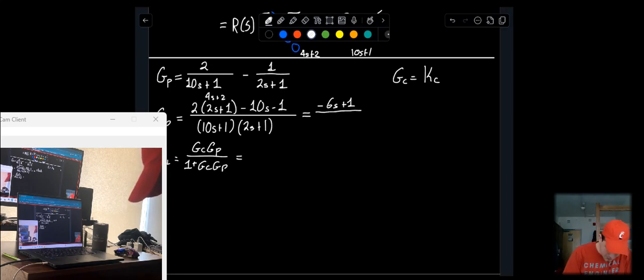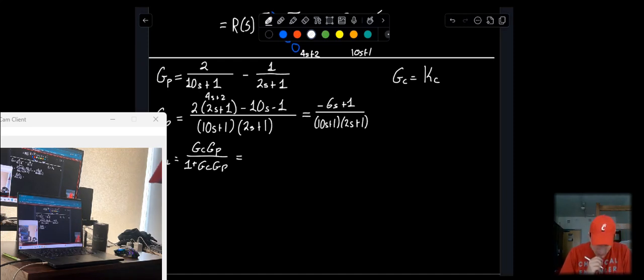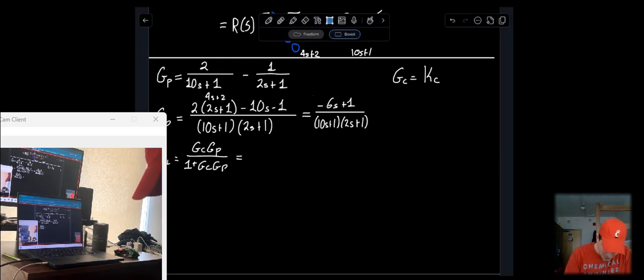Over 10s plus 1, 2s plus 1. Okay. So then this is going to be multiplied by Kc and go on the top. So I'm just going to copy this over. So I have to write it 4 times.